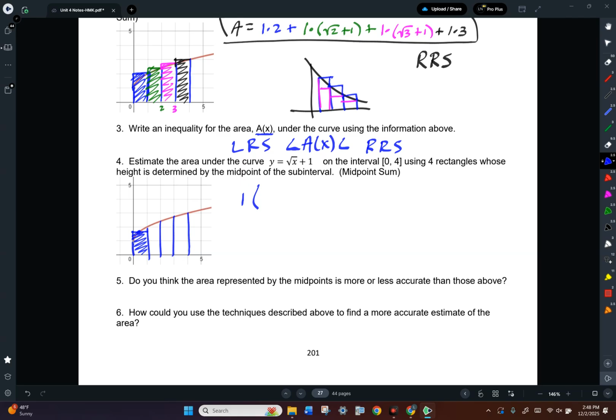And that first height is based on an x value of 1/2. So the height of that curve is going to be the square root of 0.5 plus 1. So there's my first height. Plus my second height is going to be based on the value at 1.5 right there. So the height of that rectangle is going to be the square root of 1.5 plus 1.